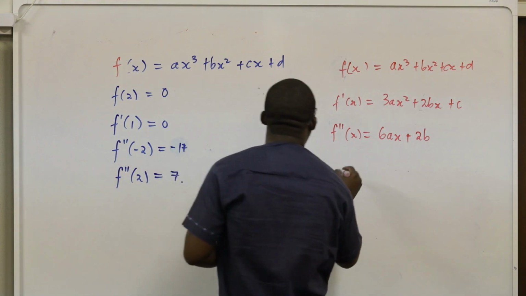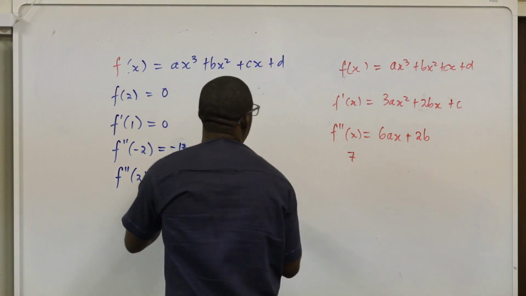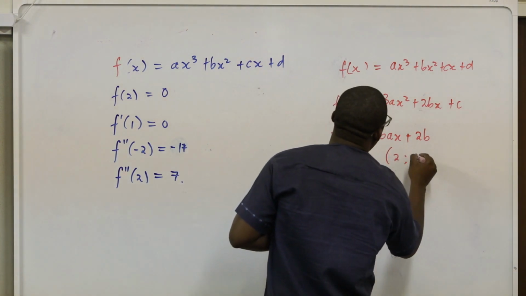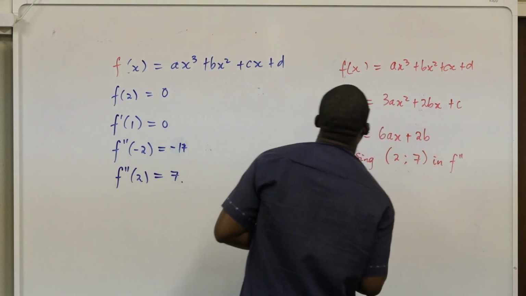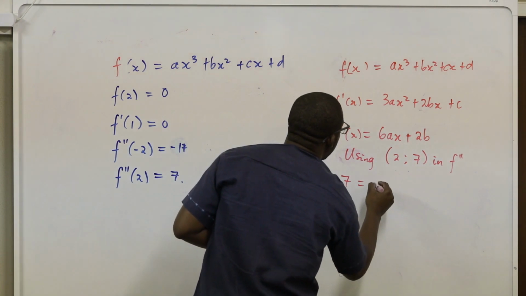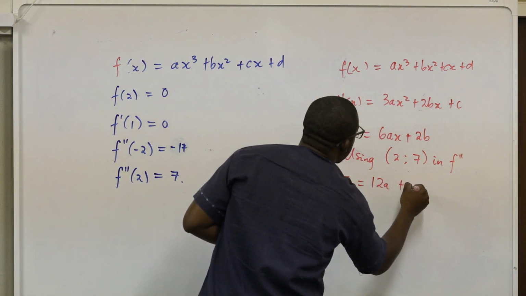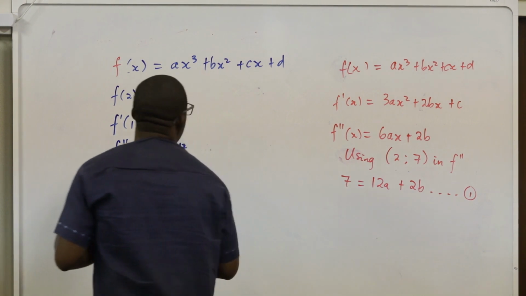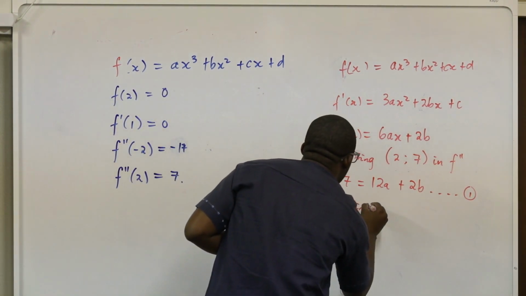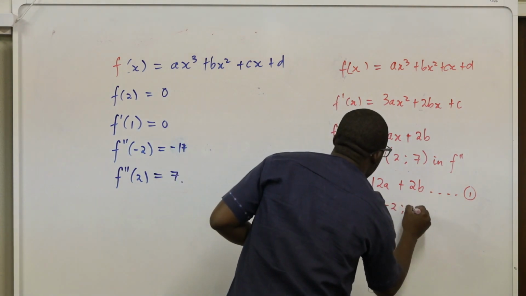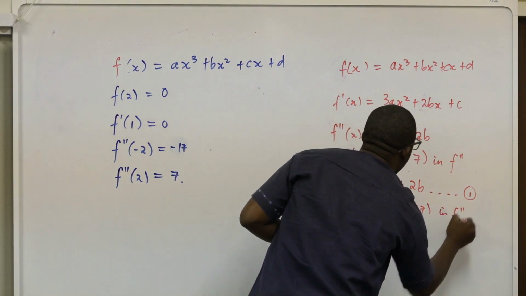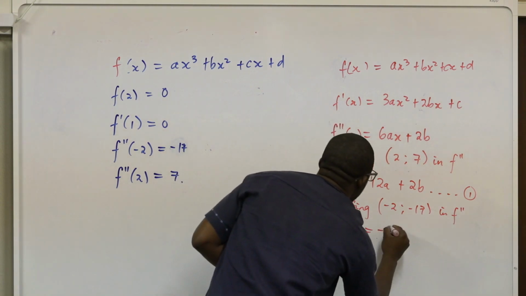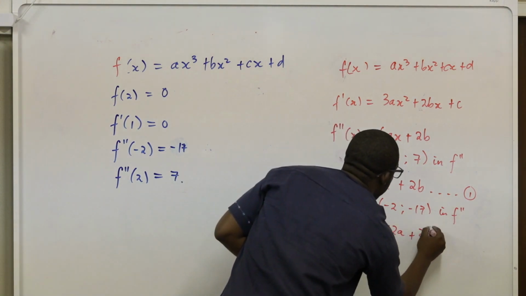The first is to say 7, substituting this point. Using 2 and 7 in f double prime, that means 7 is equal to 12a plus 2b. Equation number 1. Then using minus 2 and minus 17 in f double prime, negative 17 is equal to negative 12a plus 2b.